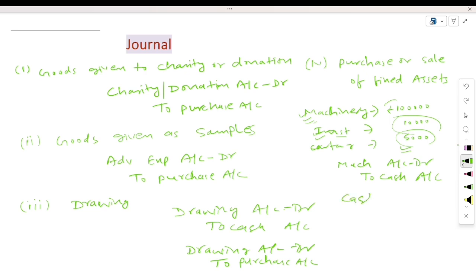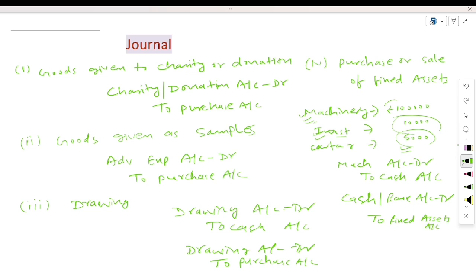If you receive the money through cash, then your cash or bank balance will increase. It means this will be debit. You are selling the machinery or any fixed asset, so the value of the fixed asset, your asset, will decrease here, so the asset will be credit. So fixed asset account will be credited here.